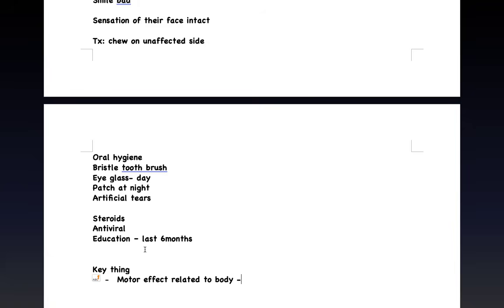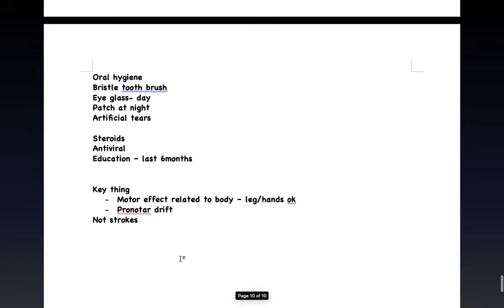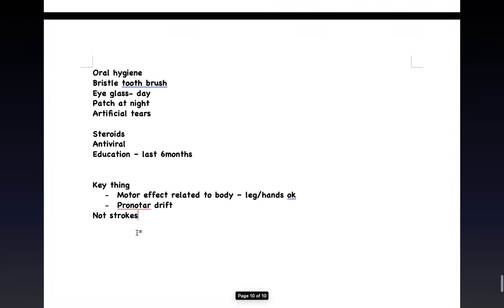So their legs, hands, okay. There's no pronator drift anywhere. So it's not stroke. This is what I'm trying to show you. It's not stroke. No, it's just the face, and it's only one side of the face that is affected.